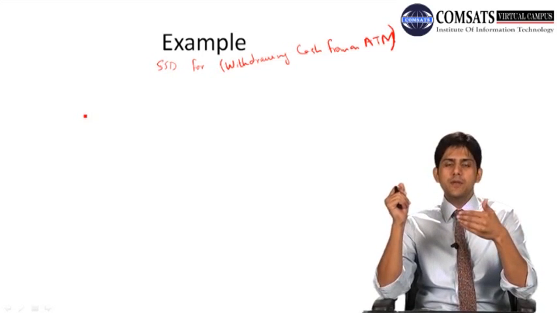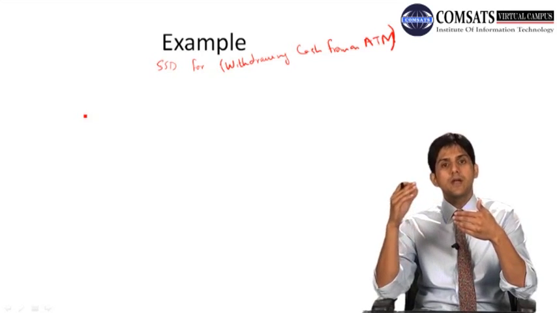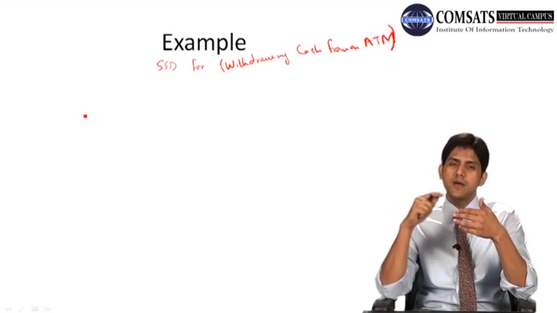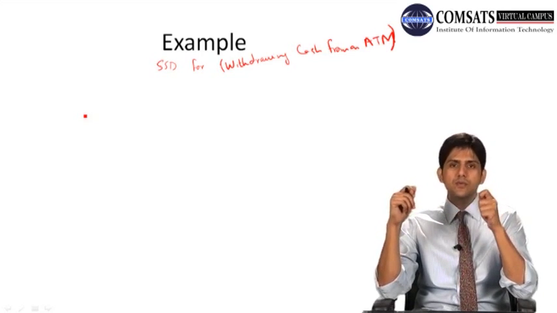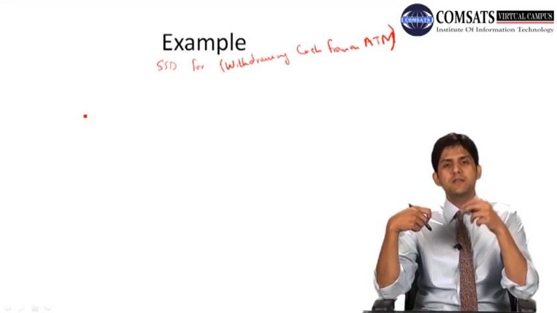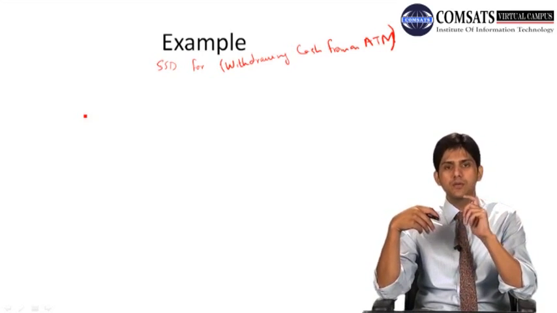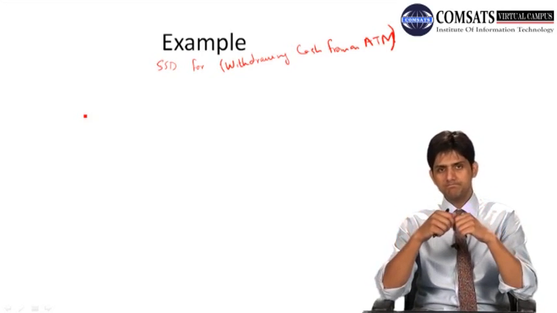Once you have entered the PIN number, the ATM needs to confirm whether the PIN that you have entered is correct or not. So maybe a message is sent from the ATM to the bank, and the bank says, okay, this was the card number and that's the PIN; if they match, there will be a message coming back to the ATM, which would say, can you display the different options to the user.